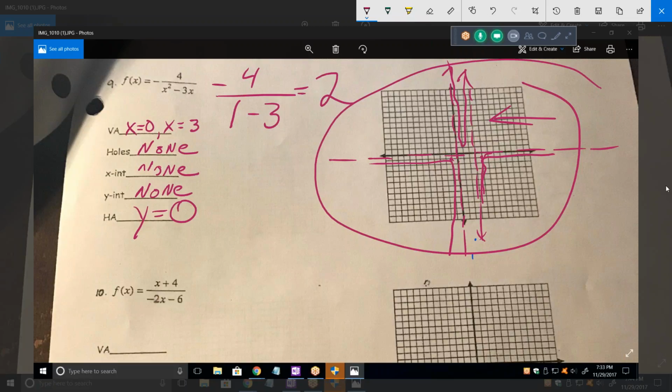And notice the same thing happens as I approach the left vertical asymptote. The curve is on its way up to positive infinity, but on the other side of the asymptote, it comes up from negative infinity.